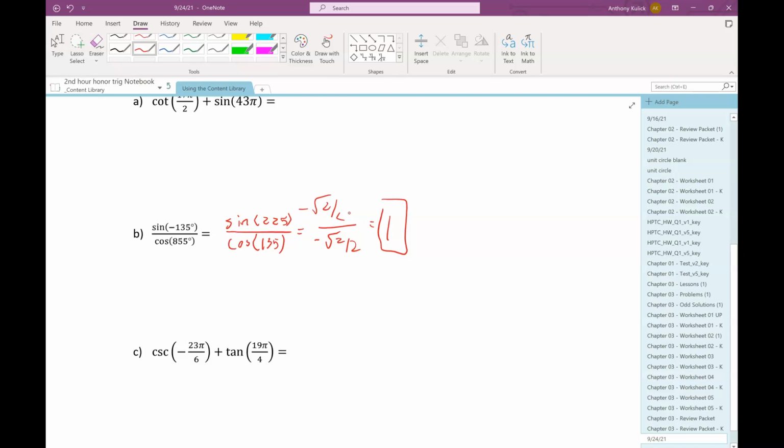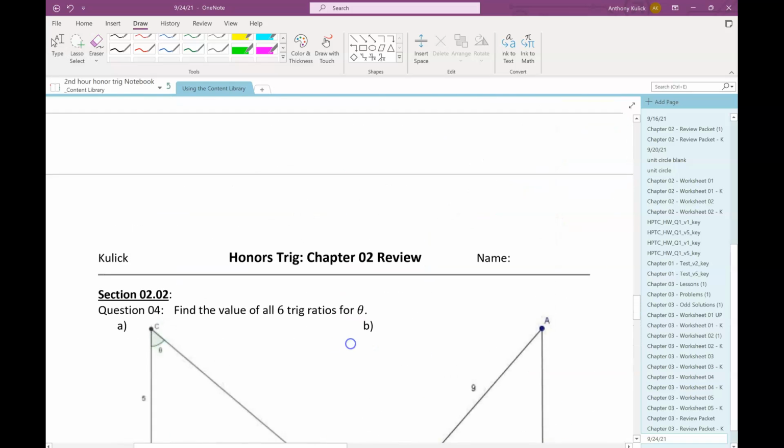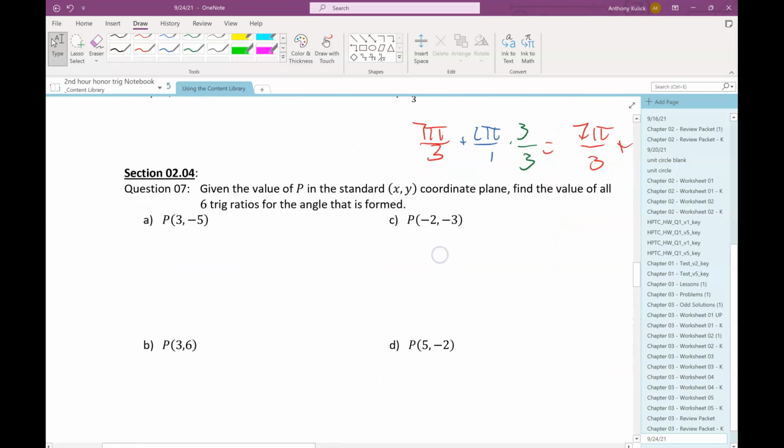Yes, since you're using the unit circle definition, R is 1. Yes. So if you're in a problem like these ones, R would likely not be 1, where you're given a point on the terminal side. So really we have 3 definitions for sine, cosine, and tangent that we've worked with in this chapter.